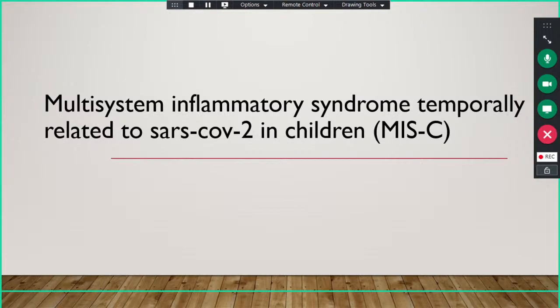This is a new disease which is described in April 2020, and now it is reported throughout the world, including India, and it happens that the person or a child below 18 or 19 years of age presents with fever, cough, breathlessness, along with some other organ dysfunction, and you make a diagnosis of multisystem inflammatory syndrome, and it happens that either knowingly or unknowingly the child got infected 2 to 6 weeks before the presentation.